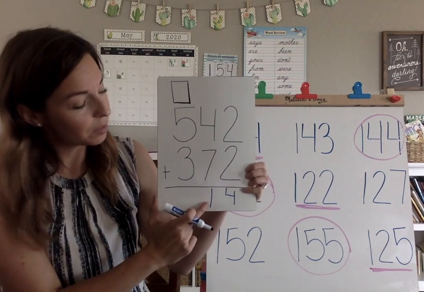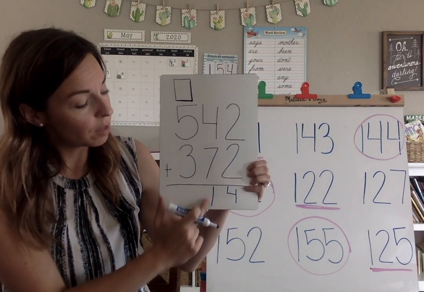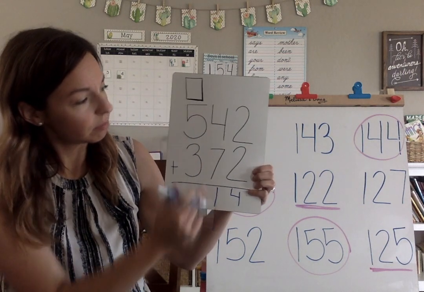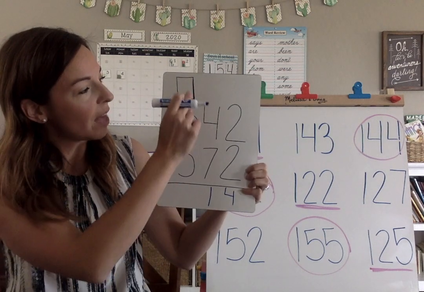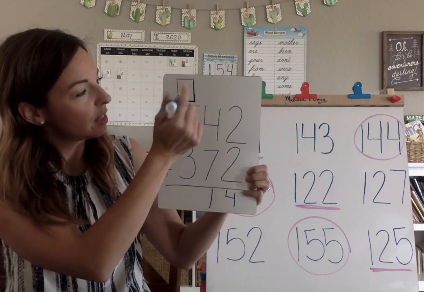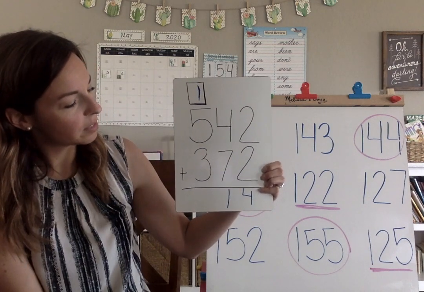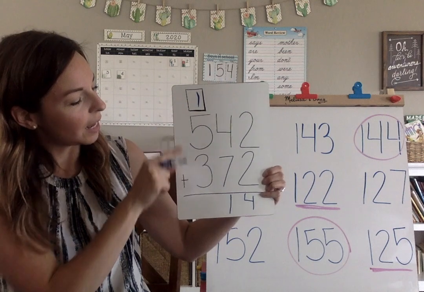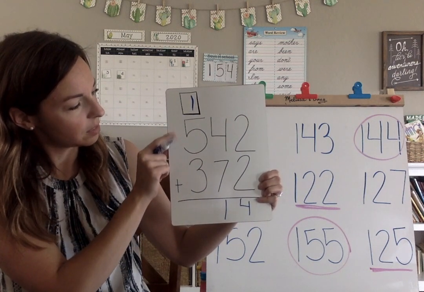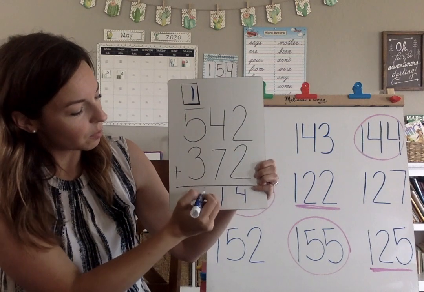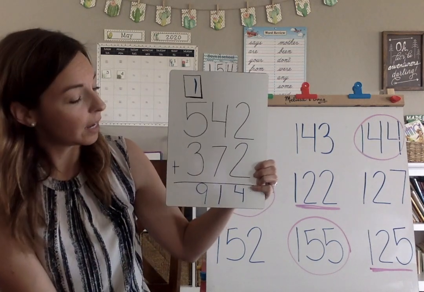I can't put both numbers down here. My answer will be wrong. So I can keep one of the numbers here, the number that's in the ones place here, and then I carry over the next number over into the hundreds place. And then I can add the hundreds place together. 1 plus 5 equals 6. 6 plus 3 equals 9. So my answer is 914.